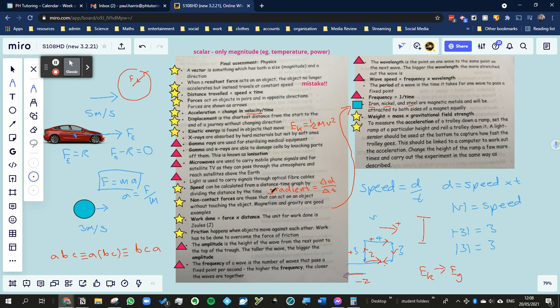What else? So I was in the middle of talking about non-contact forces. So any sort of forces that happen when there is no contact between the two things that are experiencing the force. Usually, if you want to push a block, right, then you'd have to make contact with it, and it would be pushed. Whereas things like magnetism and gravity act at a distance. There's no touching necessary.